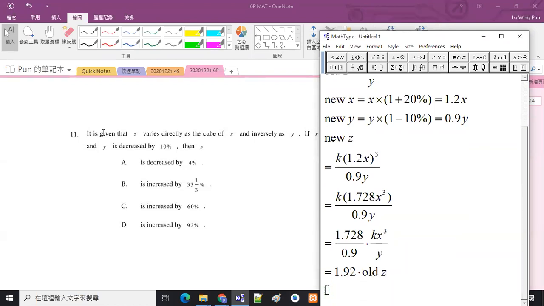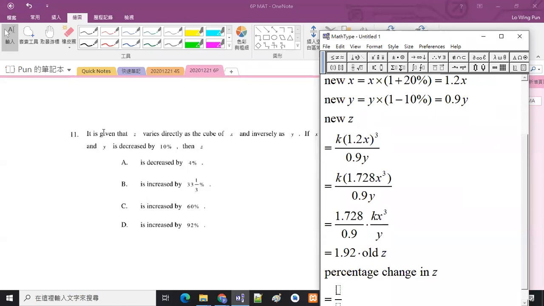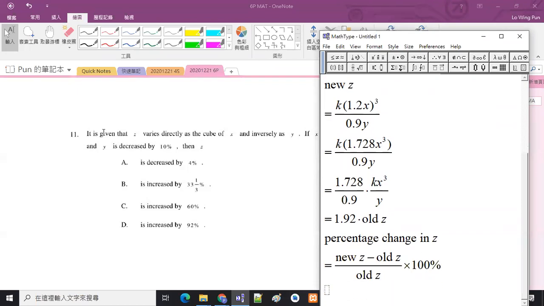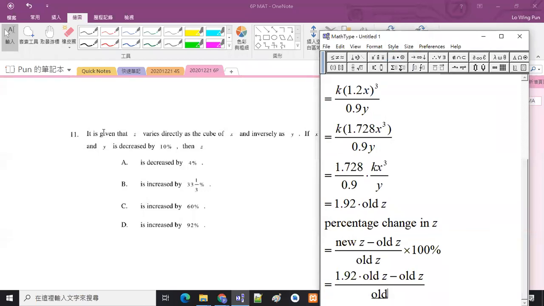And now I want to find percentage change in z. Percentage change in z is equal to the new z minus old z divided by old z times 100%. But my new z is equal to 1.92 times old z and then minus old z divided by old z times 100%.